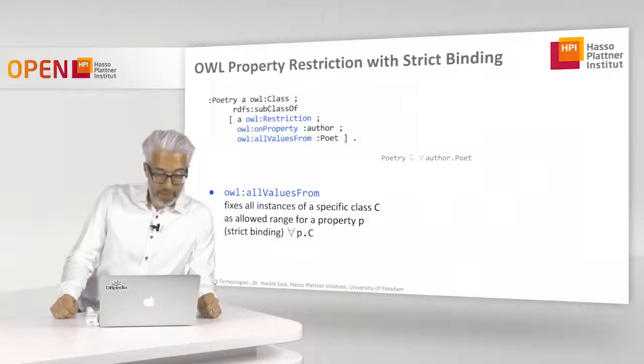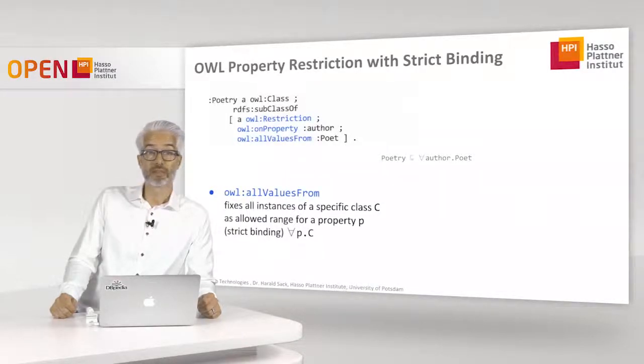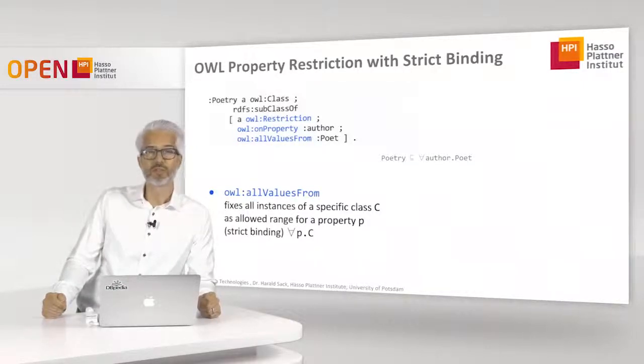So we define poetry as being a class, and then we simply translate the rest of the description logic expression here, and we say, okay, this class poetry is an RDFS subclass of something which is more complex, so therefore we again write it as a blank node embraced in square braces, and then we define again a restriction on the property author.